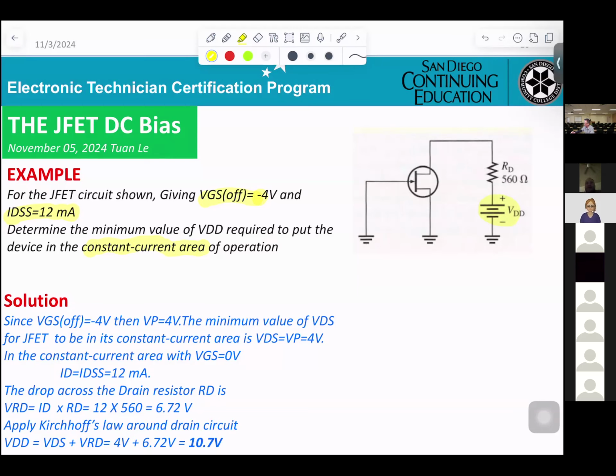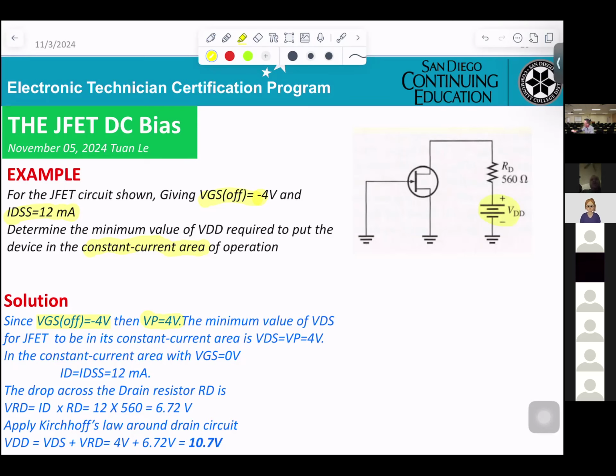They say since VGS off equal -4 volt, then you know VP equal 4 volt, correct? We already tell you VGS off and VP will be equal in value and opposite. So that's why the manufacturer gives you only one. In this case, they give you VGS off equal -4. Then you know VP has to be 4.